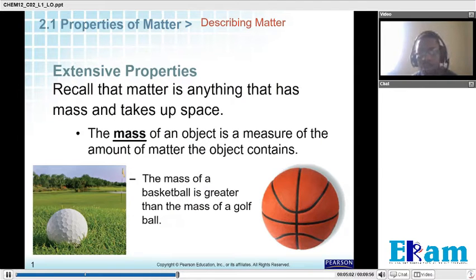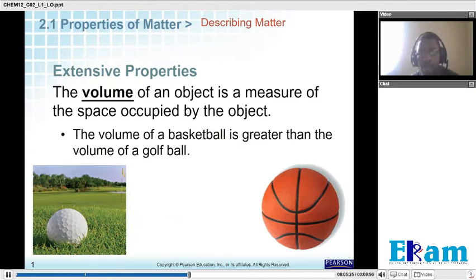The amount of mass of a particular object will determine how heavy or how light it is. So the more particles, the more matter there is in an object, the heavier it is. You see, the mass of the basketball is greater than the mass of a golf ball because the basketball contains more matter.